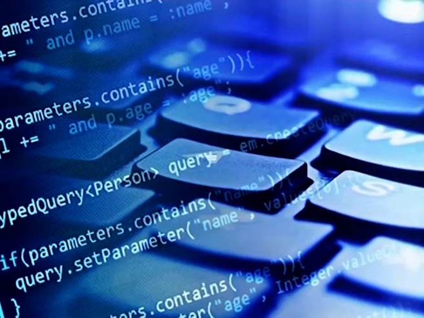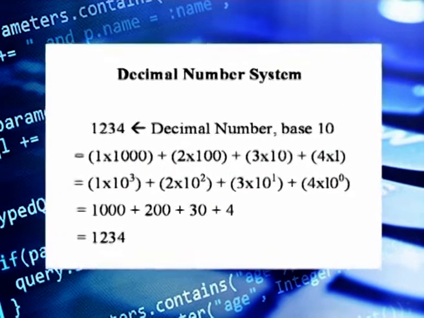For example, the decimal number 1234 consists of the digit 4 in the units position, 3 in the tens position, 2 in the hundreds position, and 1 in the thousands position, and its value can be written as you can see in the figure.